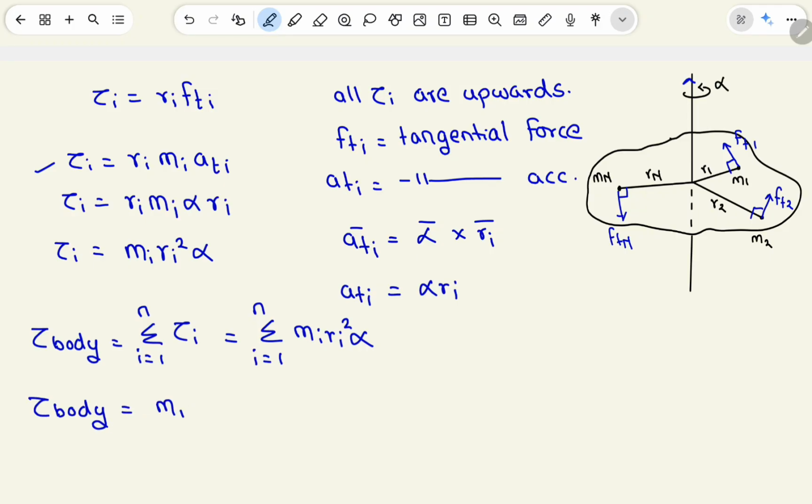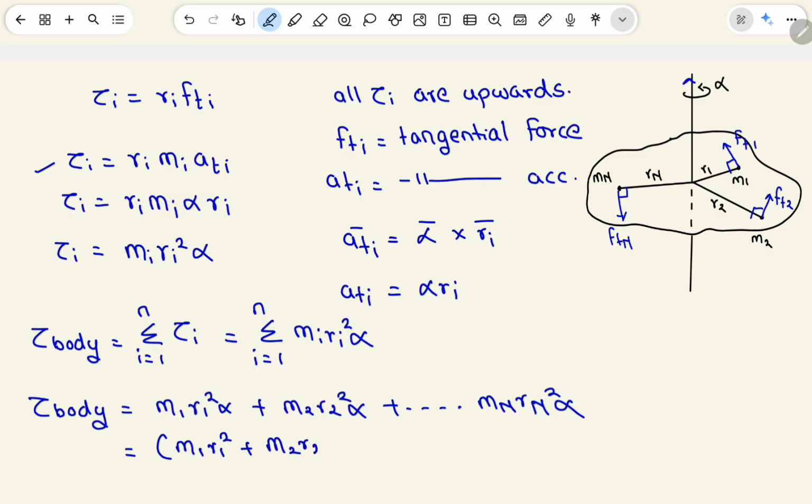For the first particle, we have m1 r1 square alpha. For the second particle, we have m2 r2 square alpha, and so on up to the nth particle, we have mn rn square into alpha. If we take alpha common, we get m1 r1 square plus m2 r2 square, and so on up to mn rn square, whole multiplied by alpha.